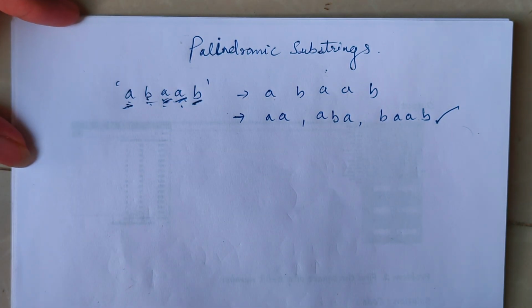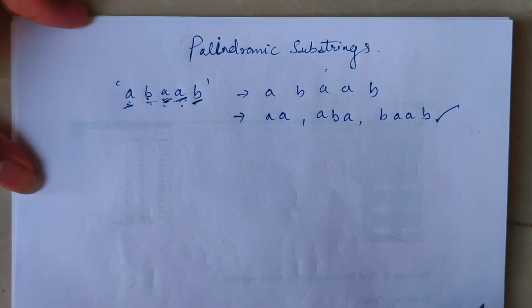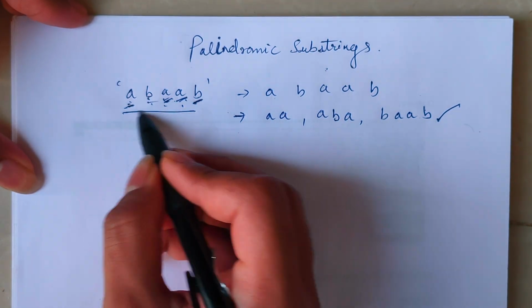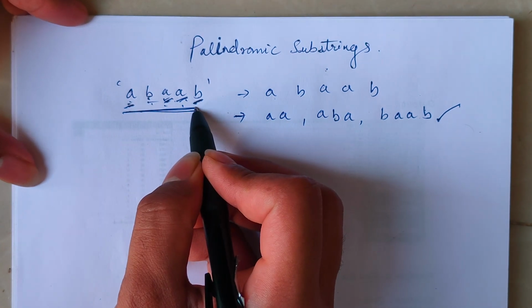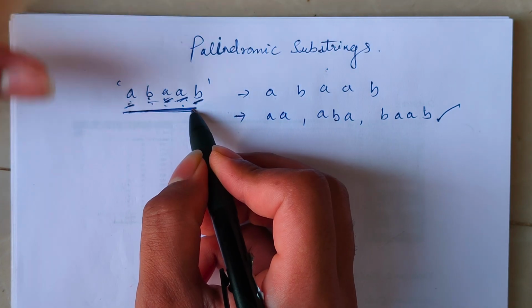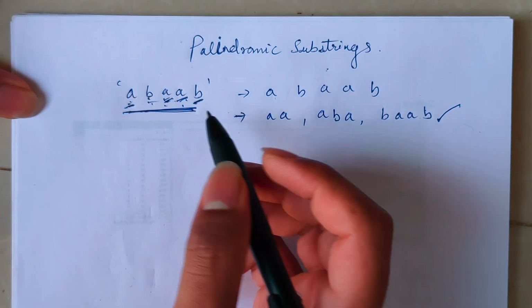So how we will find the substrings of this string which are palindrome?